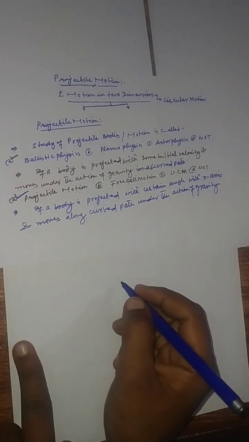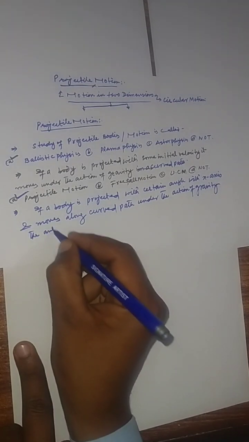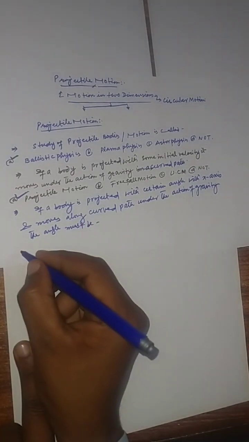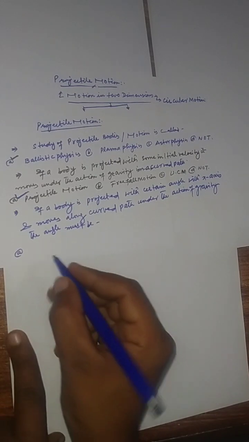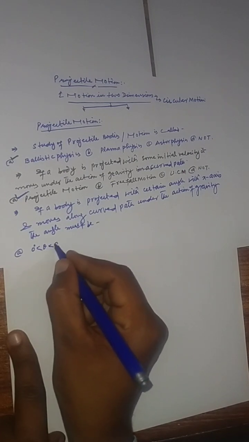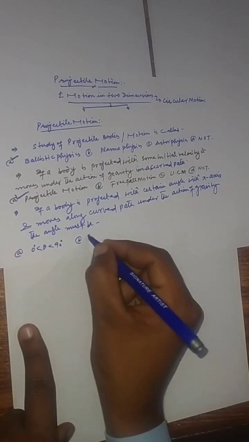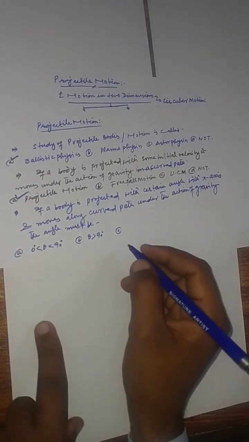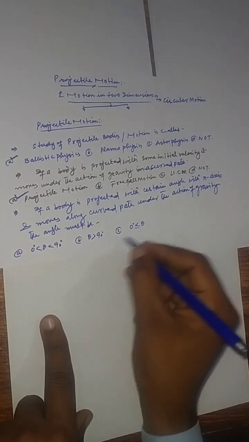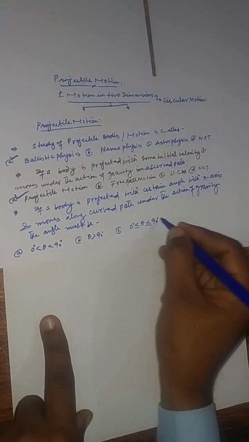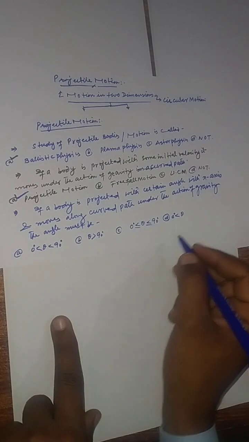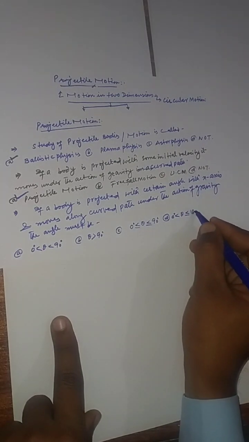Under the action of gravity, the angle must be, or in other words, for an oblique projectile, what should the angle be? Option A, angle should be greater than 0, less than 90, or option B, angle should be greater than 90, or option C, greater or equal to 0, less or equal to 90, or option D, angle should be greater than 0 but less or equal to 180.